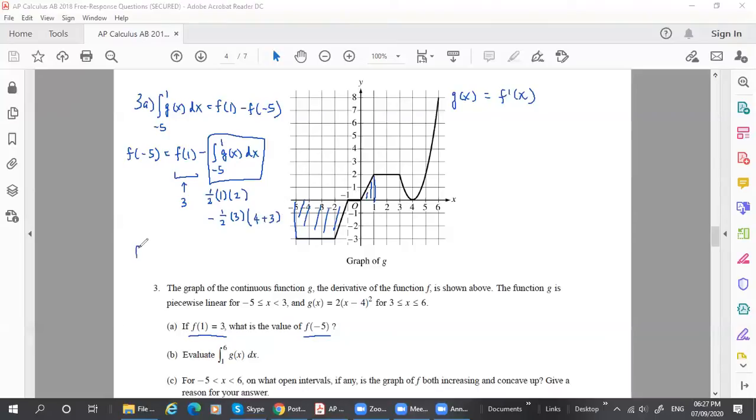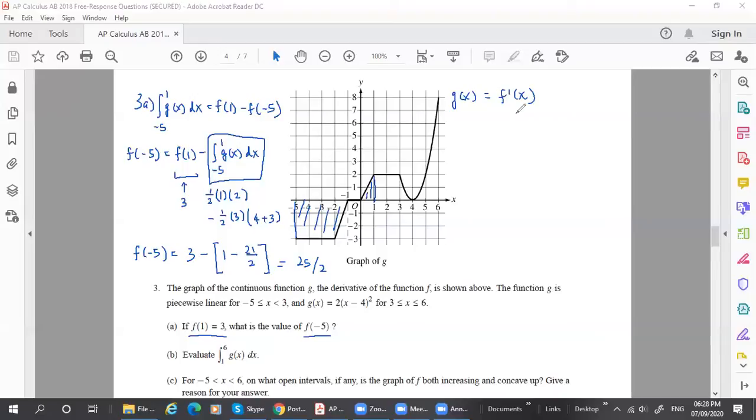So from here we see that f(-5) is given by 3 minus, that part is 1, minus 7 times 3, which is 21 over 2. And this gives you the answer of 25 over 2.